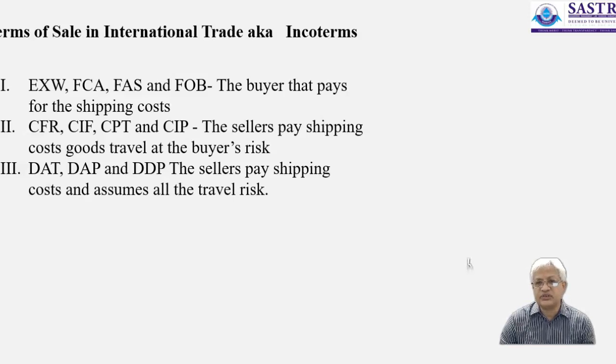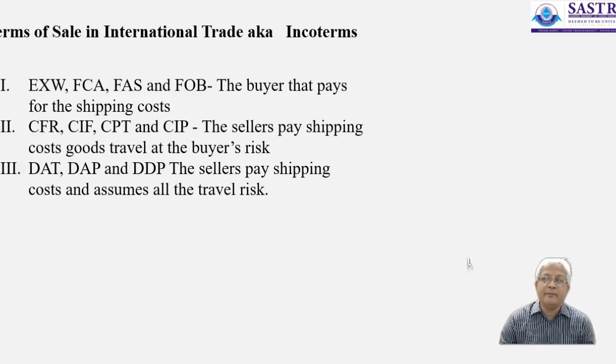The X-Works, FCA, free carrier, FAS, free alongside ship, and free on board. All these terms, whenever mentioned, the meaning is the buyer pays for the shipping cost. That is the importer.